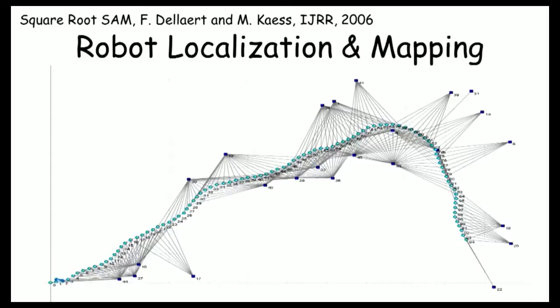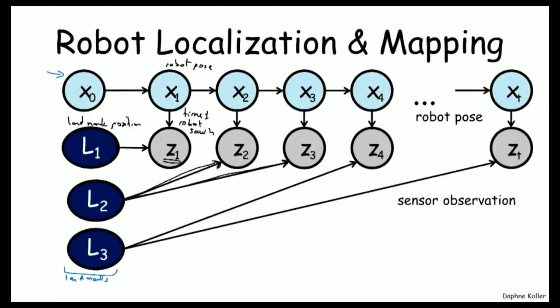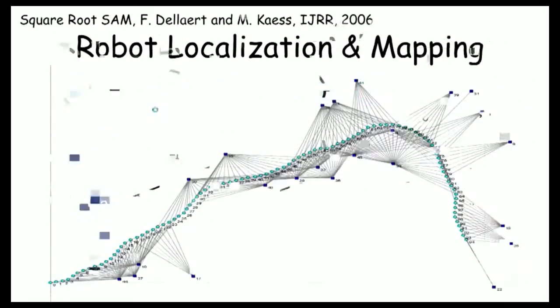And we have these dark blue landmark position variables, where we see that a landmark is connected to all of the positions at which it was visible by the robot. And this is an edge that's induced by this V structure, which we have because Z1's been observed.